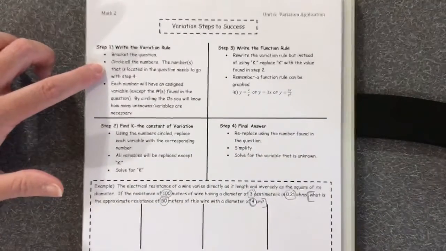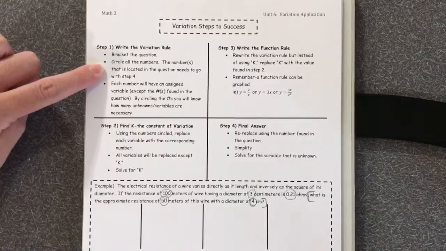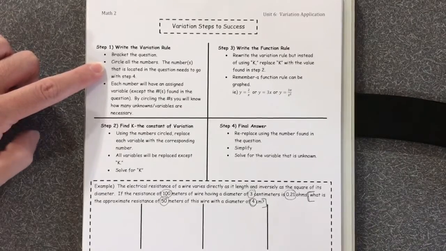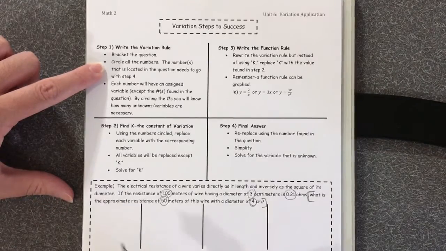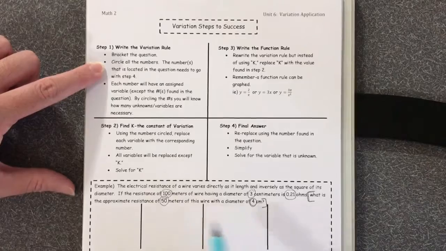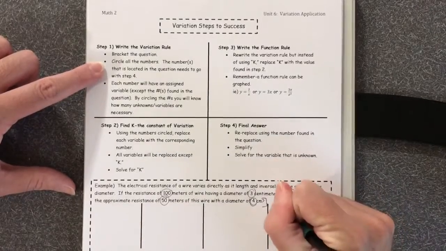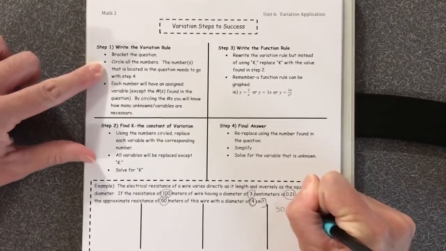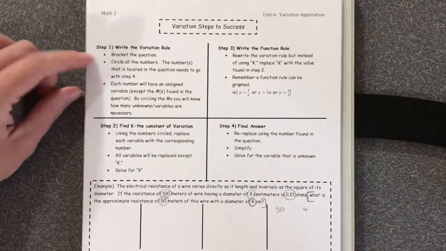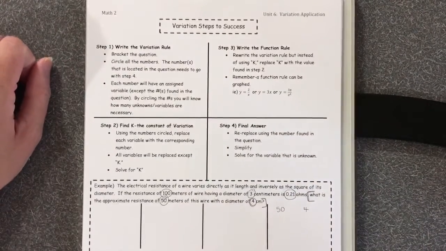Okay, so now that I've circled all the numbers, any of the numbers that are in the question need to be written down in step 4. So step 1, 2, 3, 4. Within that question, I've got 50 meters and I have 4 centimeters. So these are numbers that I'm going to use in step 4.